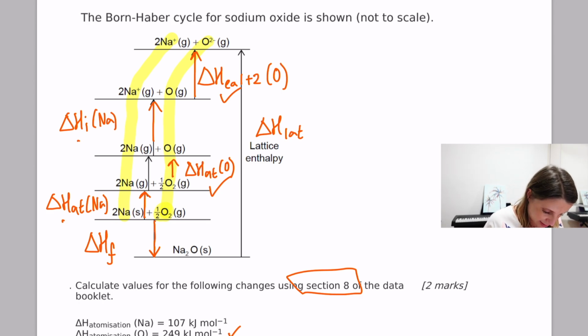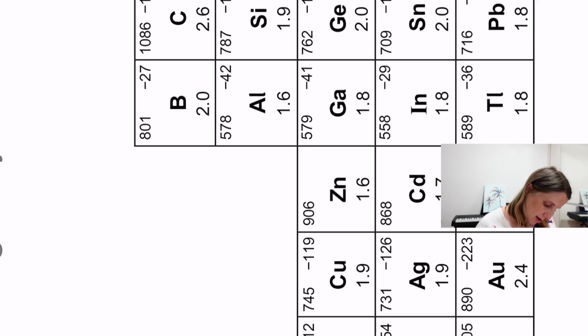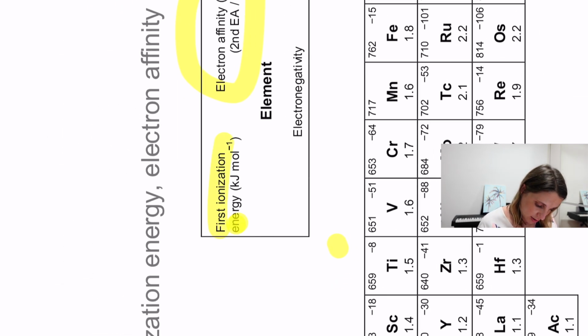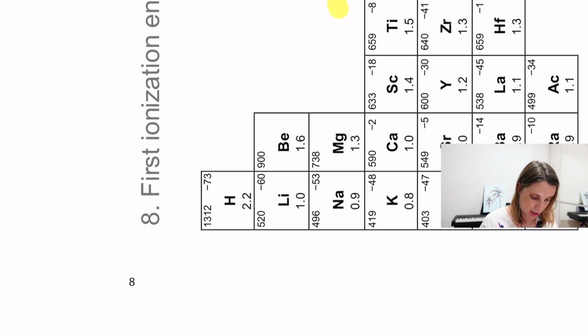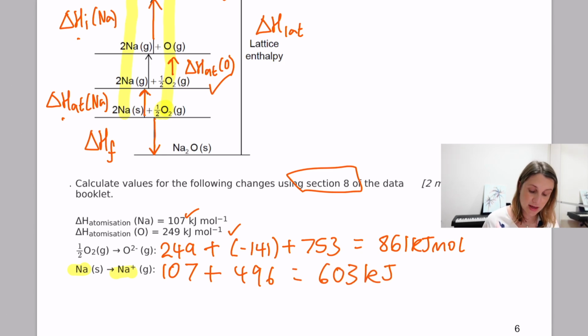So the atomization I'm going to take from here, this 107, and I'm going to add that to the ionization for sodium. So first ionization energy lives in the top left hand corner. So for sodium, that's 496. So we're going to add those together, and that gives me 603 kilojoules per mole. And that is the end of this part of the question.